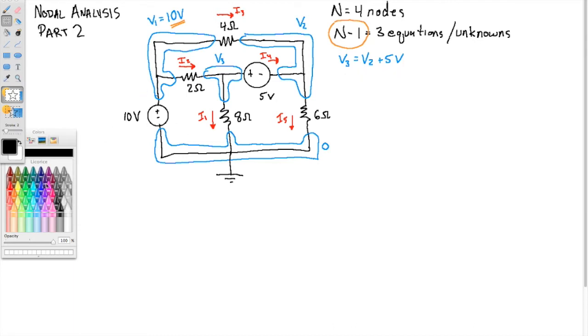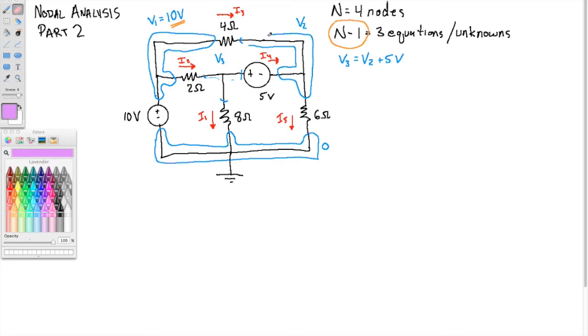What I'm going to do is take the two non-ground nodes that are separated by the voltage source. So V3 and V2 are not grounded, and there is a voltage source between them. Instead of making two separate nodes, V3 and V2, and yes, those are in fact nodes, I'm not going to change the definition of nodes on you.